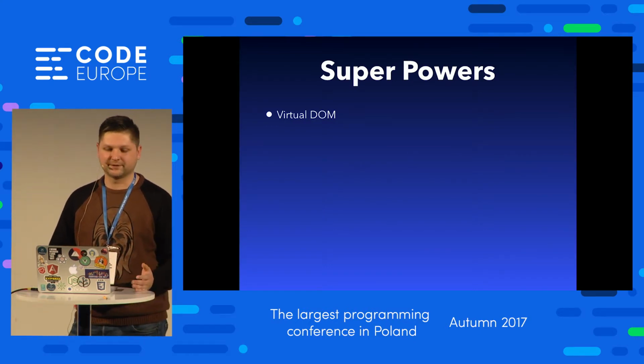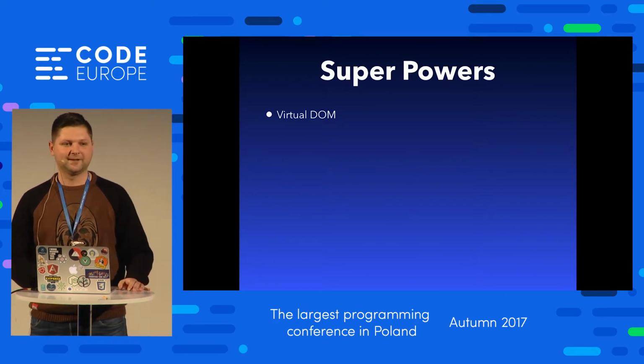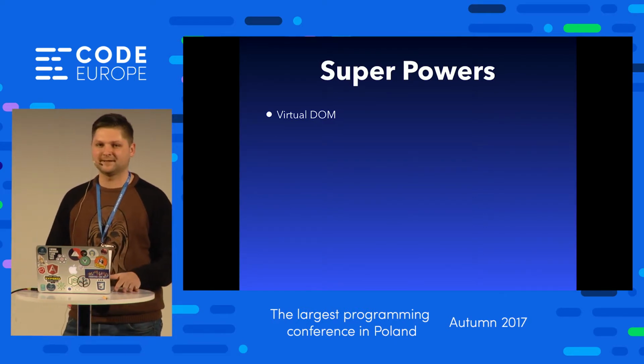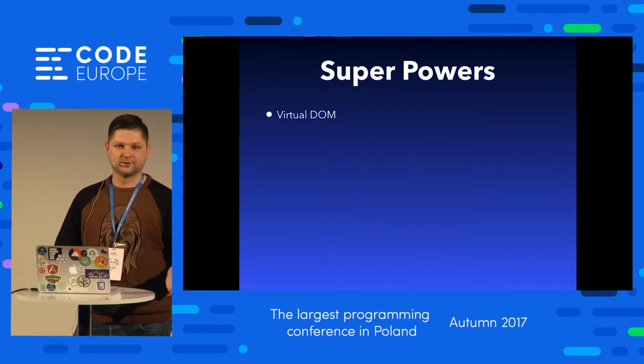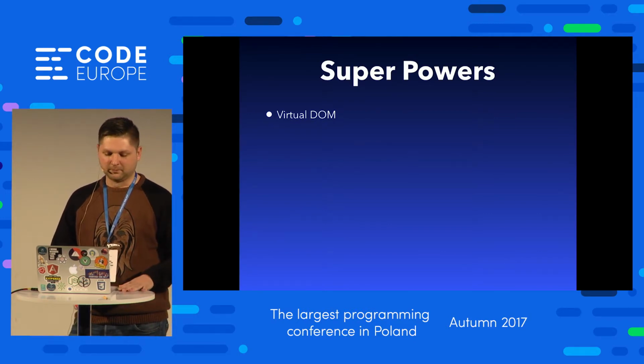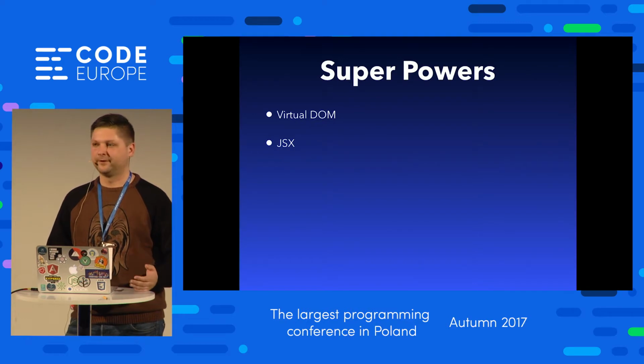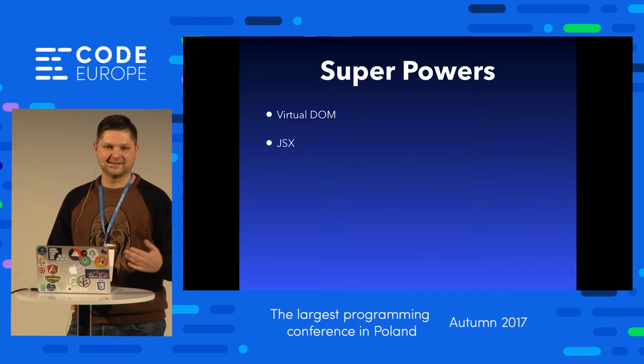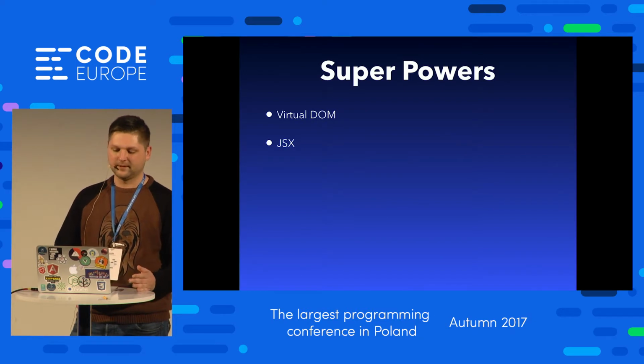So what batteries are inside? First of all is the virtual DOM, widely used in React and Vue.js, and it is used to perform changes on node trees in memory and then apply only the difference to the actual DOM.